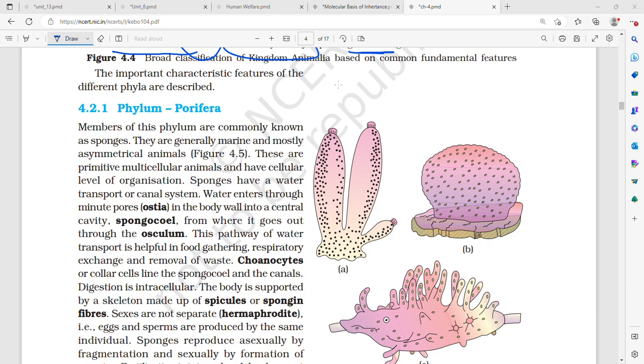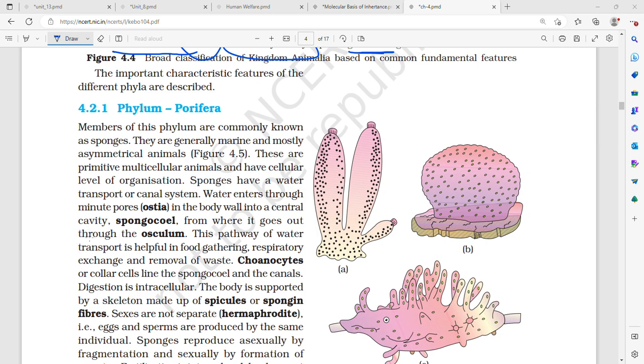That is, in Porifera it is asymmetrical. In Cnidaria or Coelenterata, Ctenophora, and adult Echinodermata, there is radial symmetry.